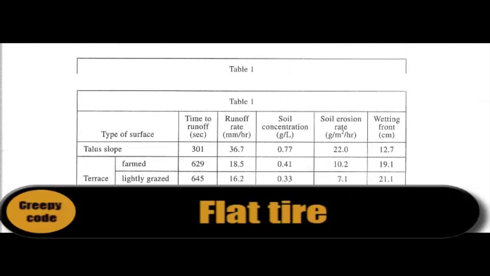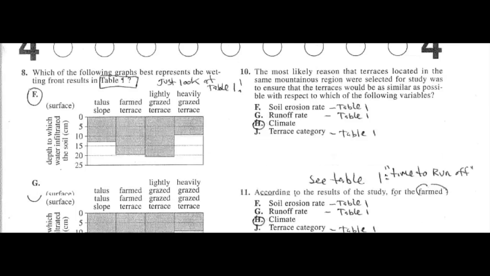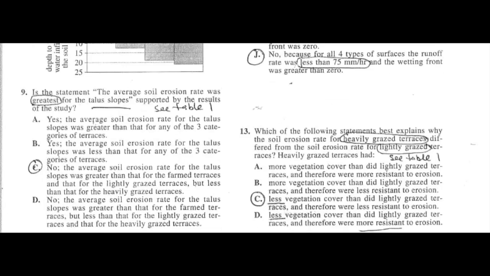Remember, it looks like here when we compared lightly versus heavily grazed terraces that the erosion weight was greater in heavily grazed terraces. When you translate this and flip it around, the answer that comes up best is indeed answer choice C. In heavily grazed terraces, there is less vegetation because the animals eat the vegetation, compared to lightly grazed terraces.